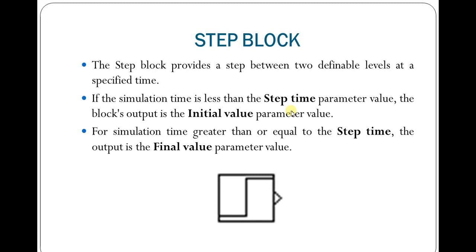If the simulation time is less than the step time, the block's output is the initial value parameter. For simulation time greater than or equal to the step time, the output is the final value. So the two definable values are the initial value and the final value.